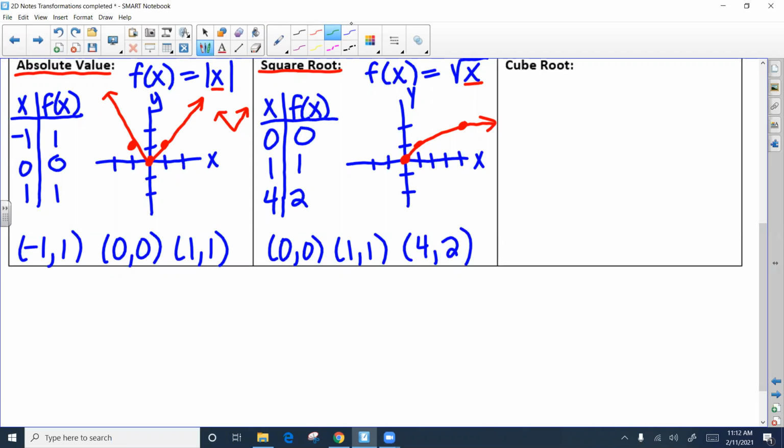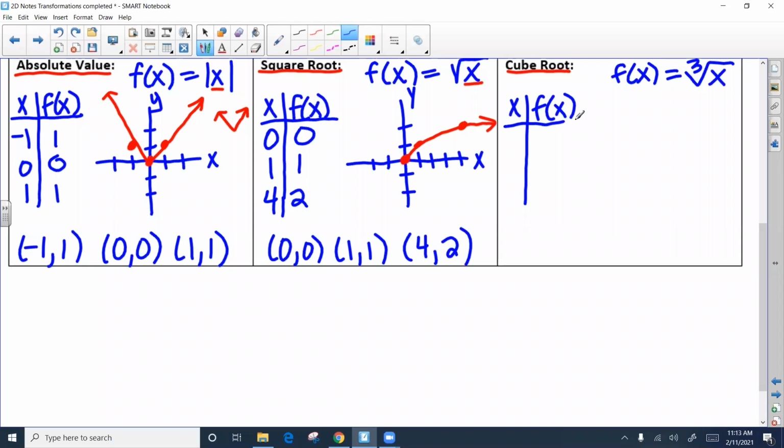Last parent function we need to know is the cube root. So the function is f of x equals cube root of x. Like we've been doing on all of these, we're going to make an input-output table.